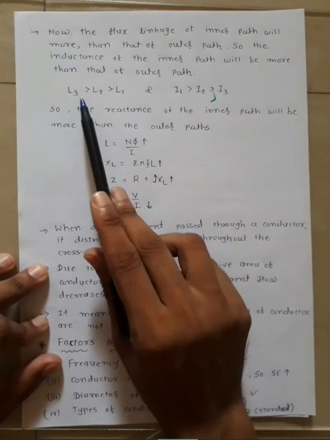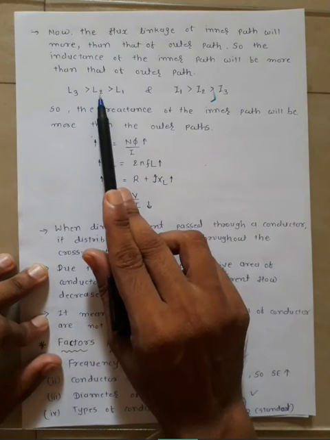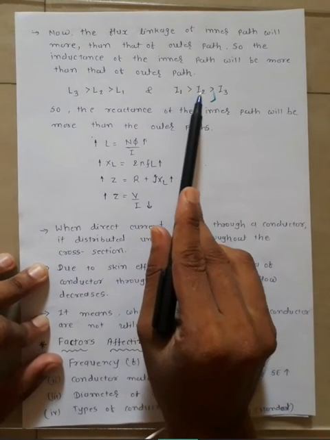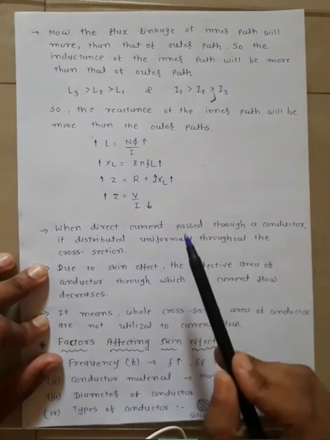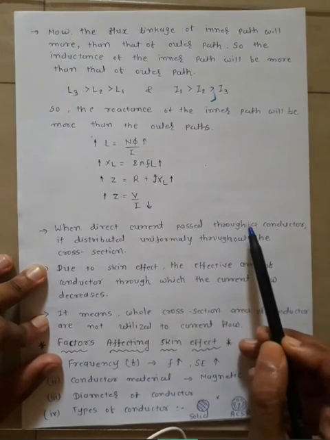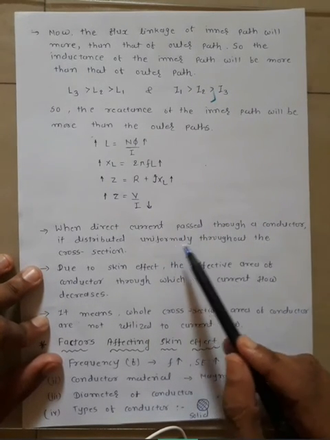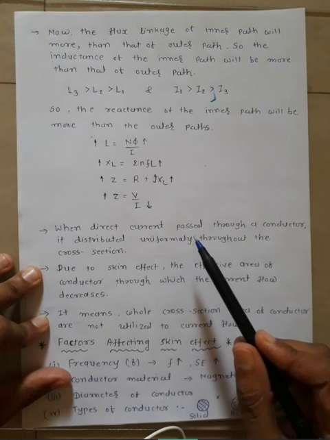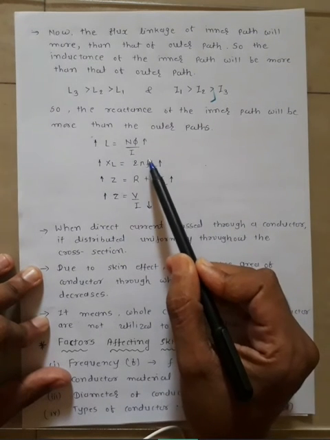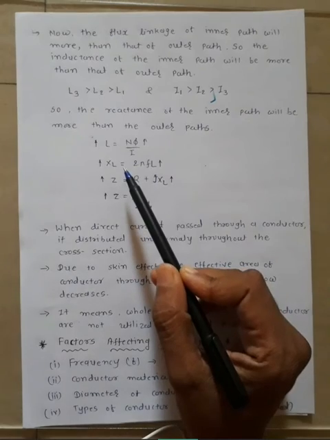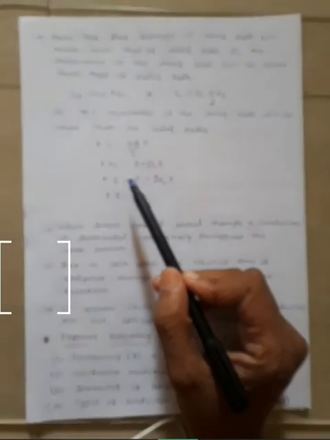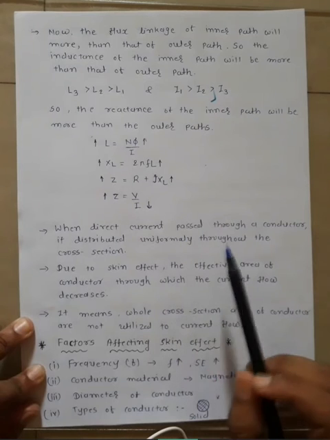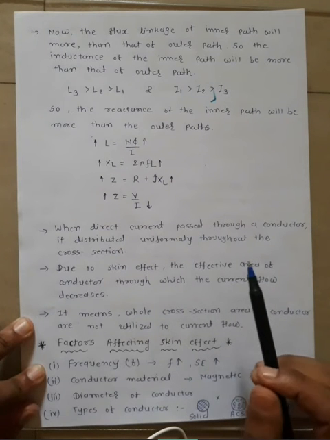Here the inductance L3 is less than L2, less than L1, and the current I1 is less than I2, less than I3. When DC current passes through the conductor, it distributes uniformly throughout the cross section. In a DC supply the frequency is 0, so the inductive reactance is 0, the impedance is low and the current is maximum. The whole cross section area of the conductor is utilized.